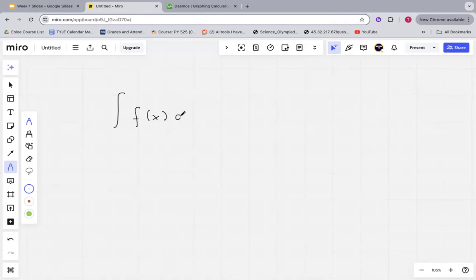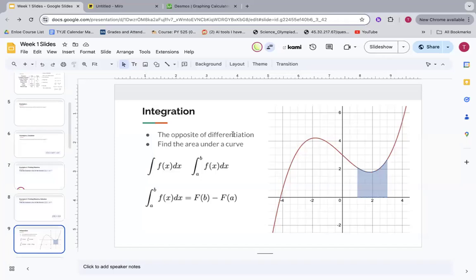But what the indefinite integral does is it gives you a function, which we'll call capital F of x. That function tells you how to figure out what the definite integral is when you change your bounds. So if your bounds are a to b, you just do capital F of b minus capital F of a.